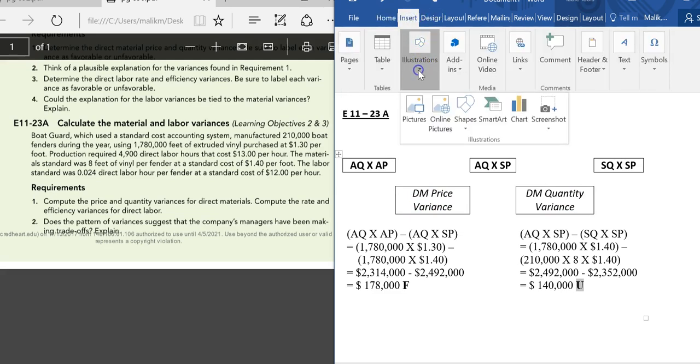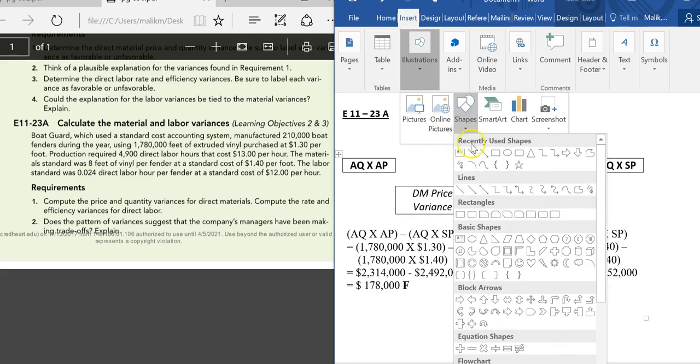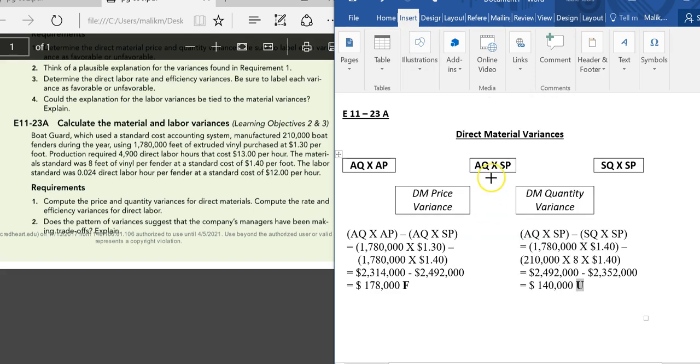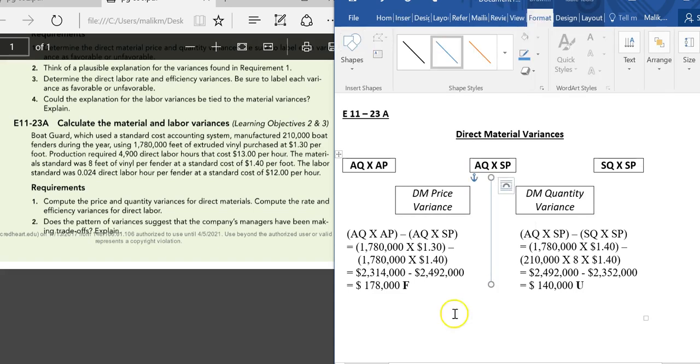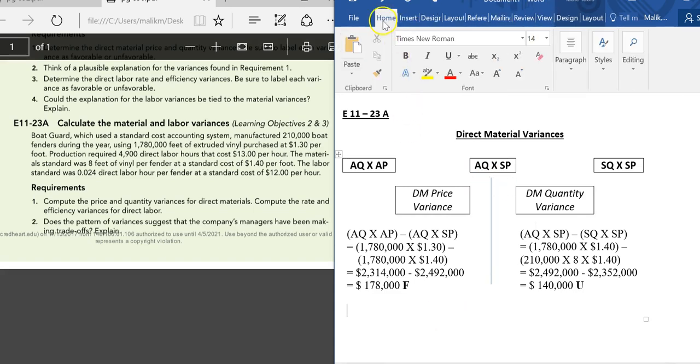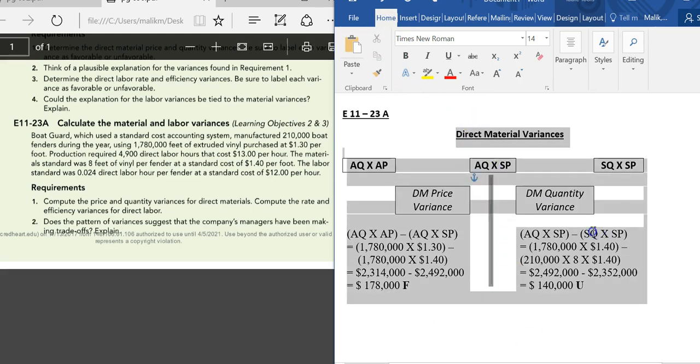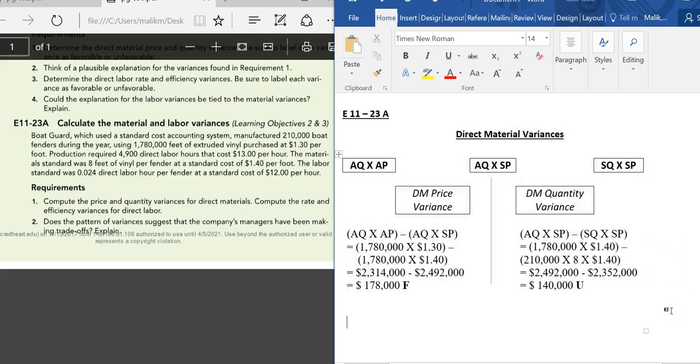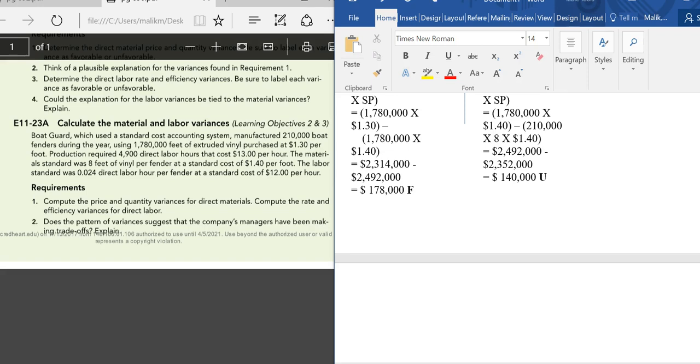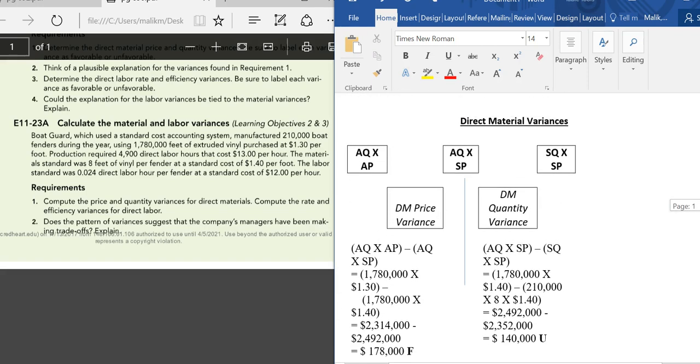Now we're gonna do the same thing for our direct labor variance. So here we will do the same thing for direct labor variance. I will actually try to copy this box just for my convenience, but I hope you will do it by yourself.